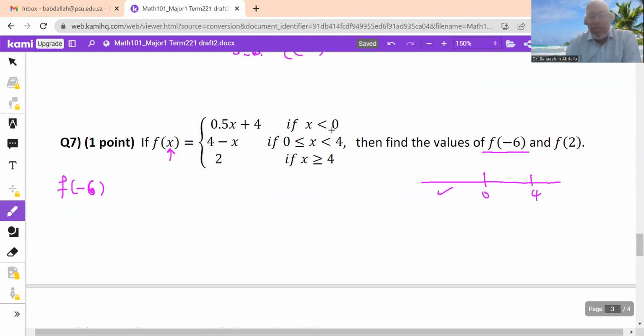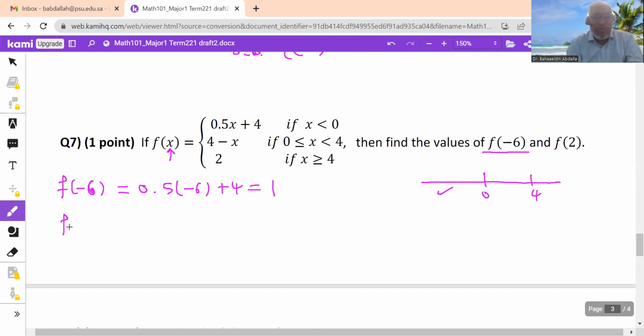So x is less than 0, so I will use the first definition. So 0.5 times, and I replace x by negative 6, plus 4. Of course, 0.5 times negative 6 is negative 3, plus 4, so the answer is 1.